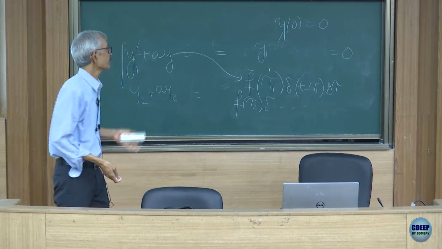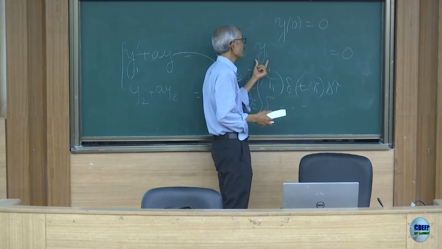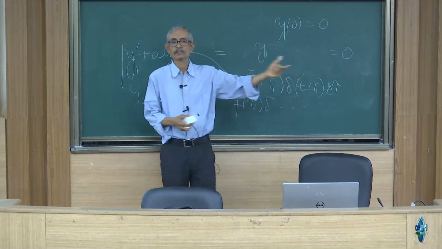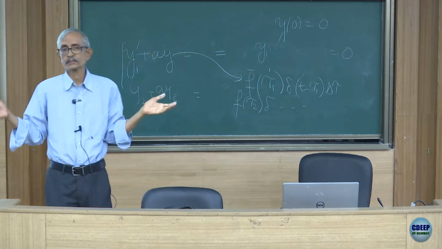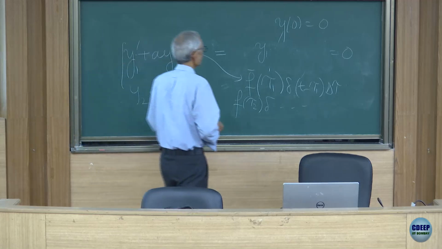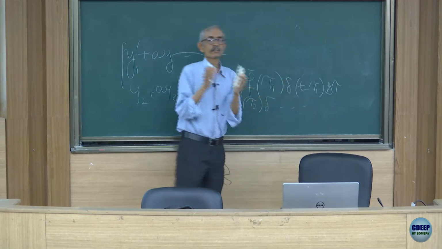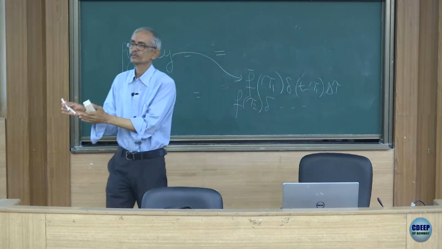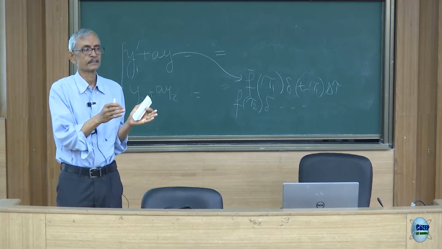Once again, you can make life difficult for yourself by saying that y1 is equal to minus sine theta, y2 equal to plus sine theta, and then say that I'm going to use that. That's perfectly fine. But then I don't want my life to be more difficult than what it already is. So I just say that y1 equal to 0, y2 equal to 0, y3 equal to 0. So that's the beauty of having 0 on the right hand side.